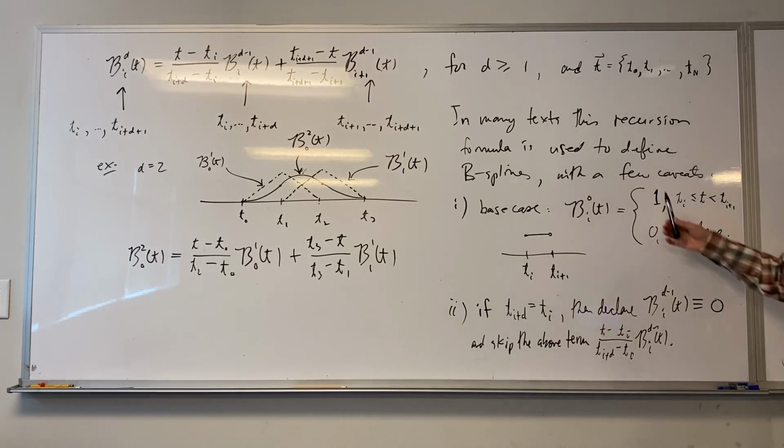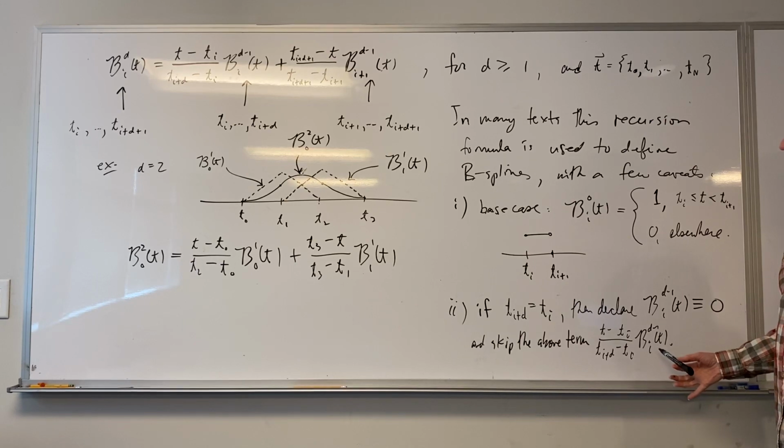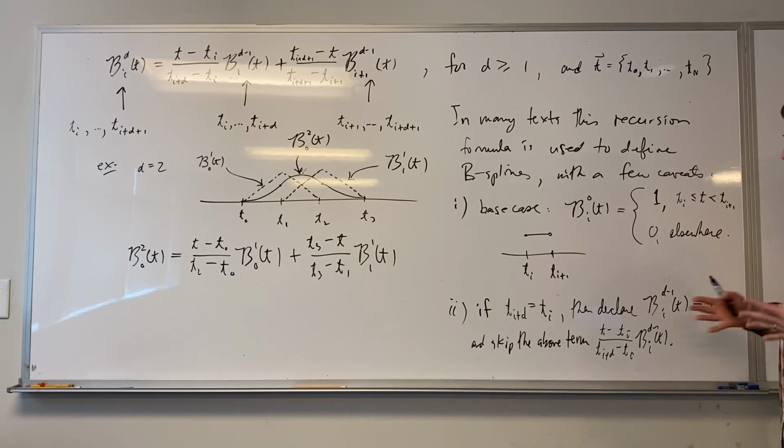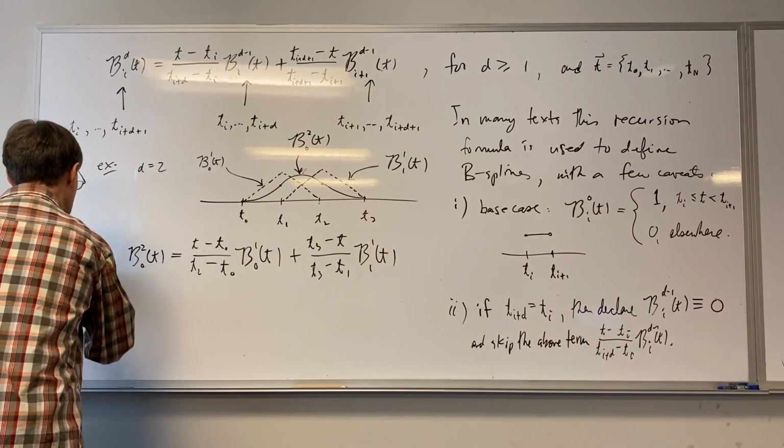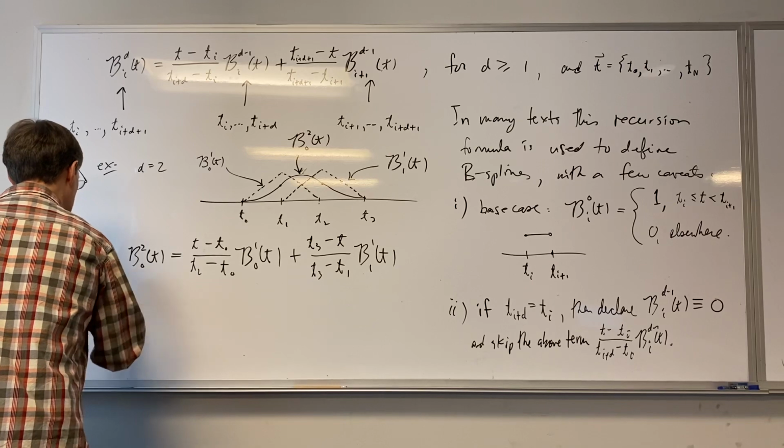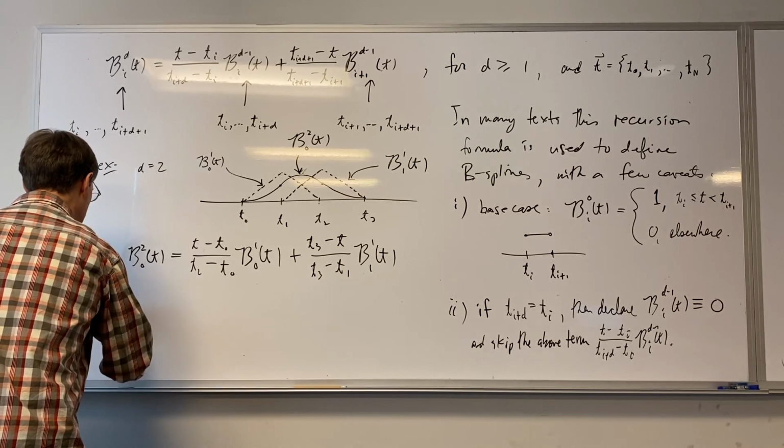Well, rather than defining them this way, of course, we are defining the B-spline using the divided difference formula. And when you use the divided difference formula, let me just write it down here one more time. This is the actual definition of B-spline that we're using, B_{d,i} of t.